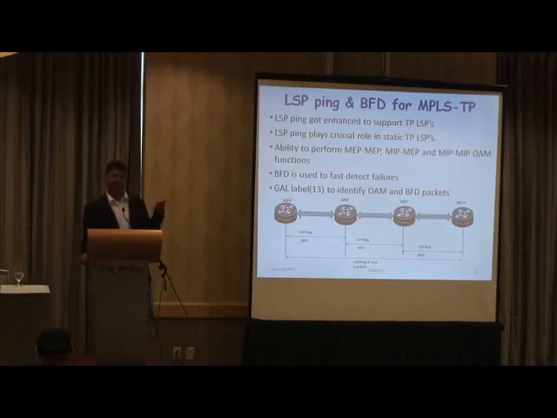Whenever that GAL label, which is label 13, is present, the subsequent payload, which is called GACH, will identify what type of payload it is, and based on that, it could be LSP ping payload or it could be BFD payload. The payload is the same, it's only the header which is different, so everything else remains the same. So the extension for LSP ping and BFD was pretty seamless even for MPLS TP, where there is no IP present at all.